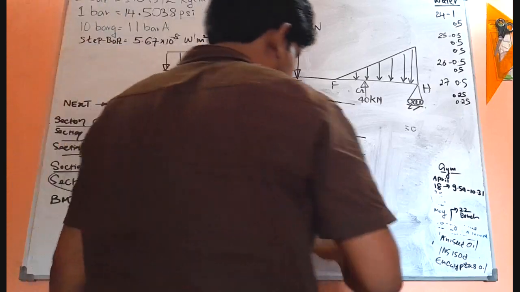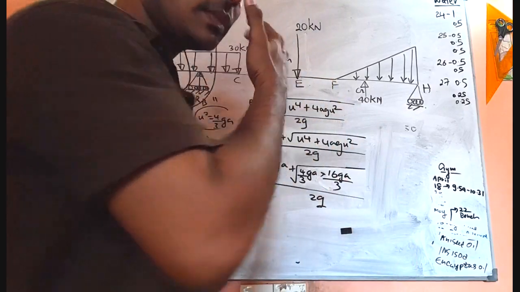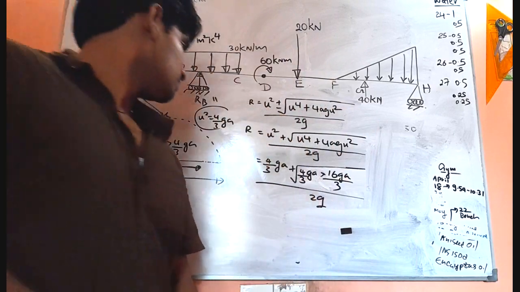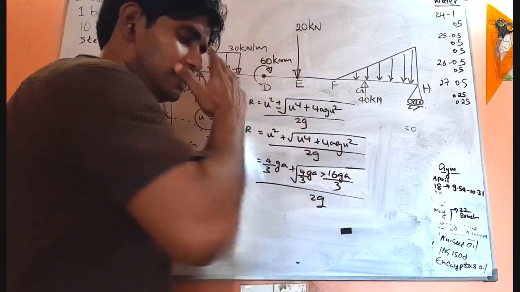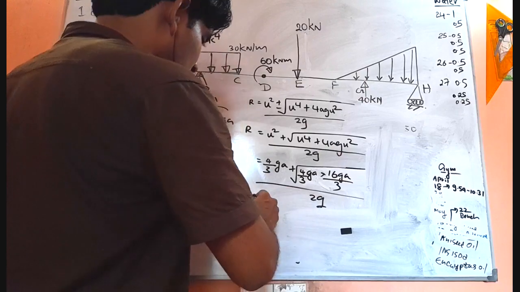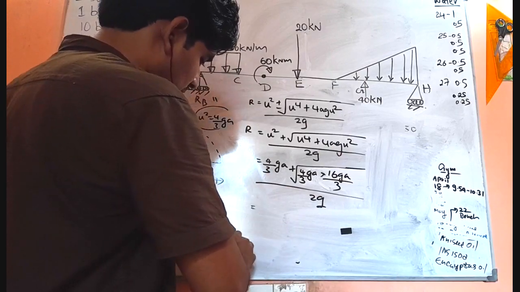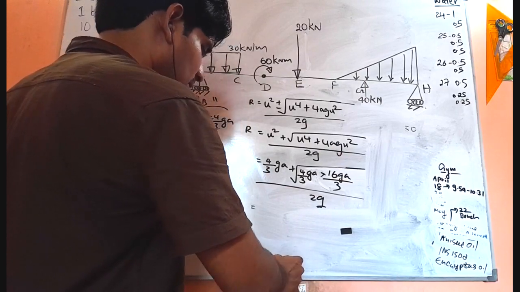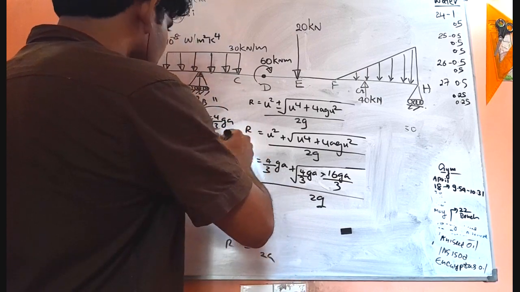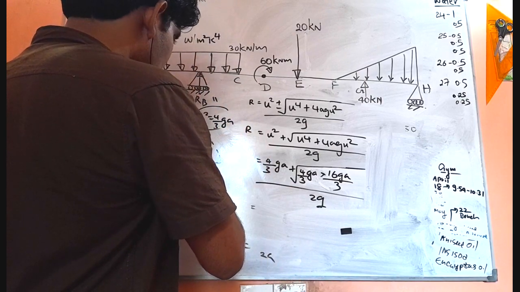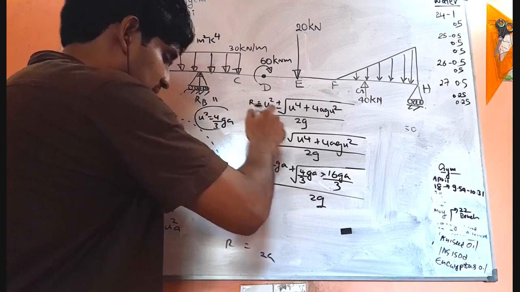Right, so now we have obtained up to here. Now we have to be very careful in the simplifications. What is our target? If we could obtain r equals 2a when we put u squared equals 4 divided by 3ga, that means we are done.